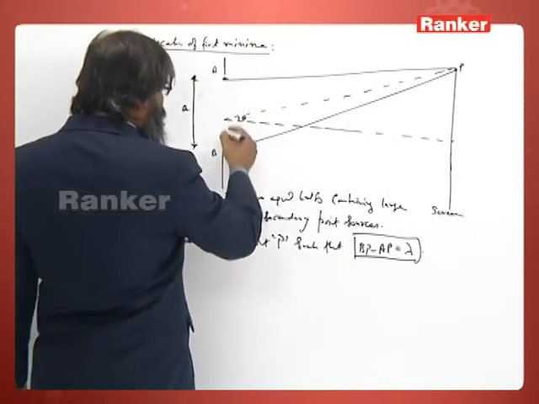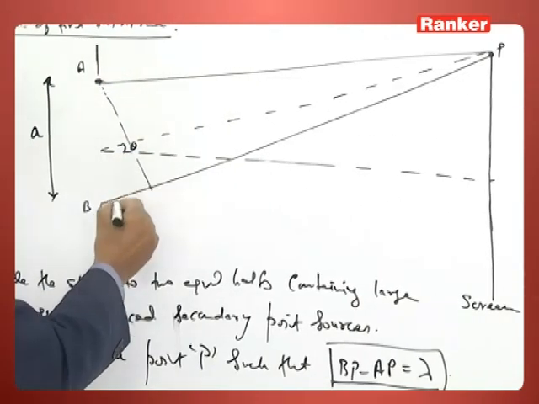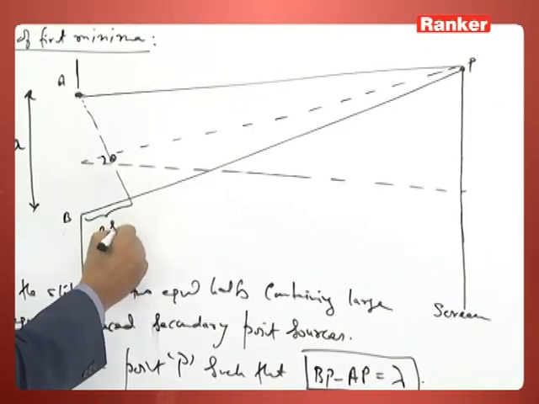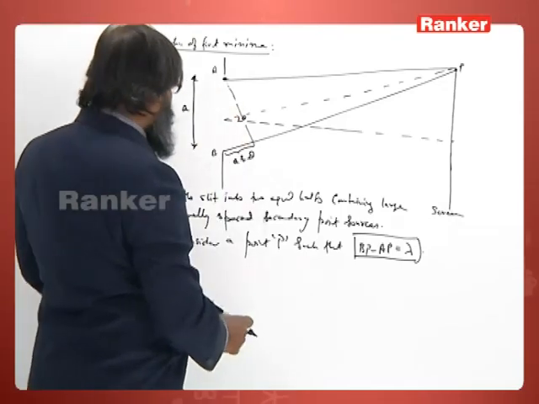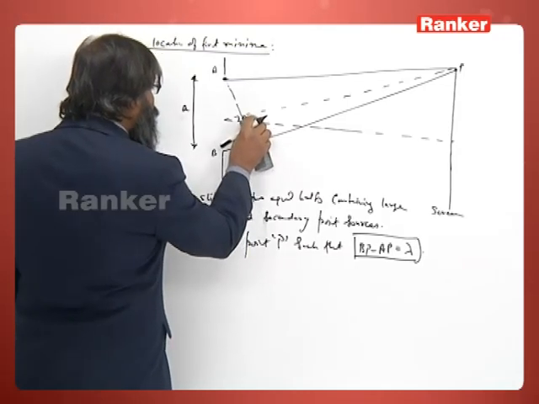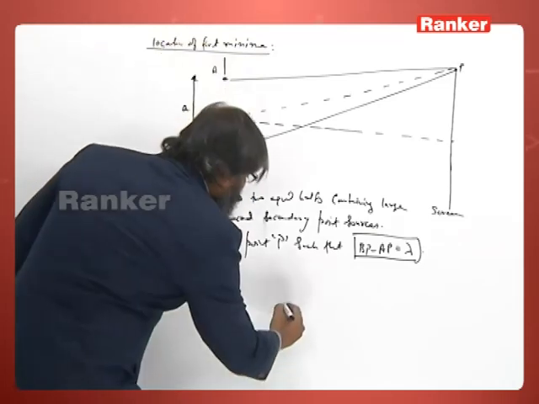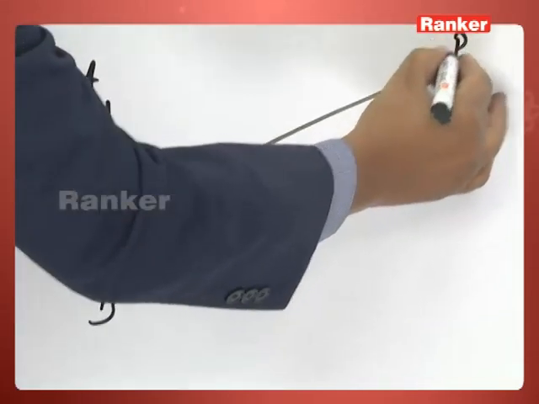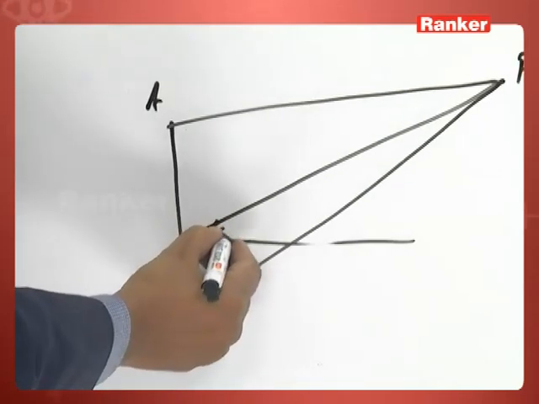So, you see what is the path difference? If I drop a perpendicular, this will be a sin theta. If it is not clear from this diagram, we will draw a separate diagram. This is AB. This is the point source P, and we have assumed this angle is theta.